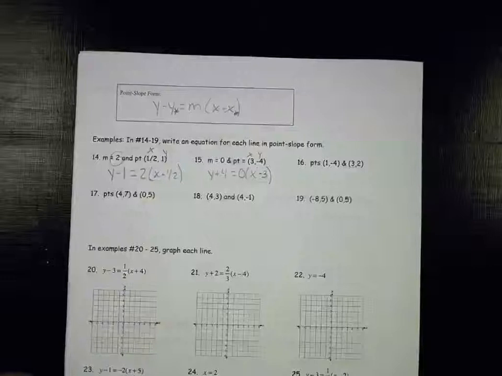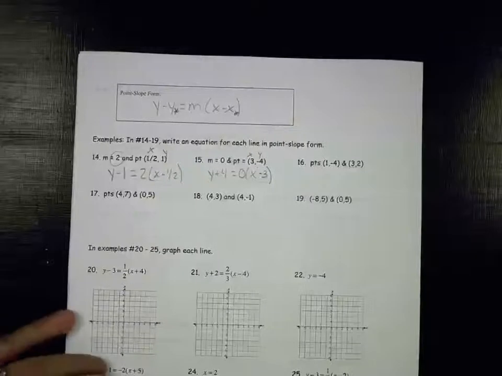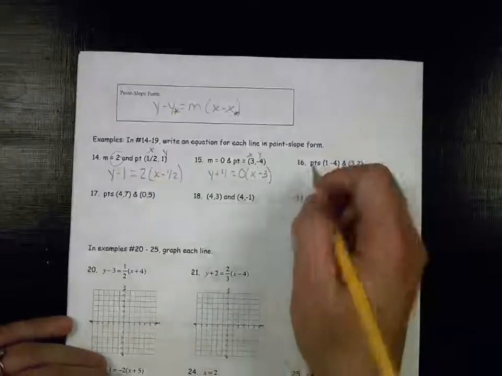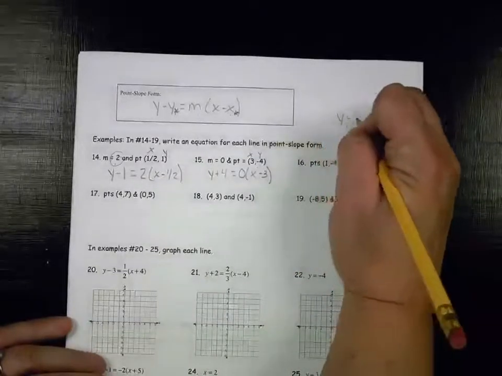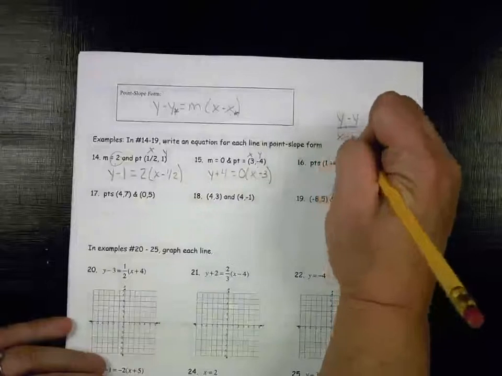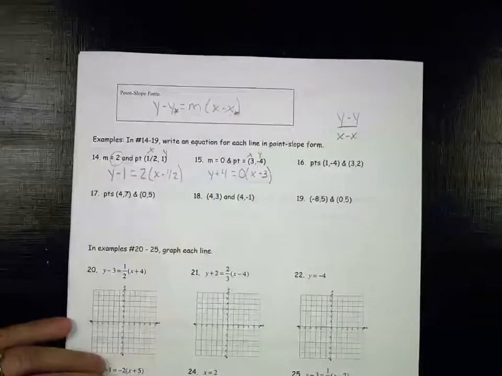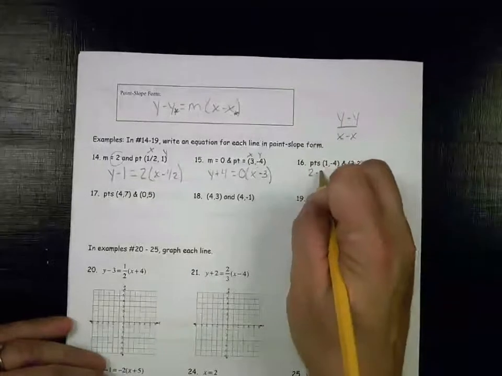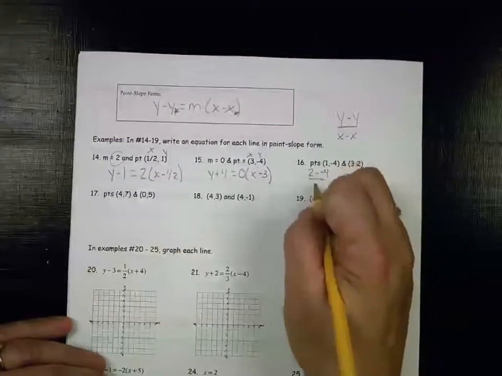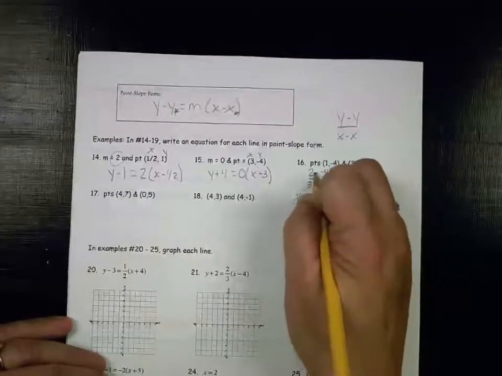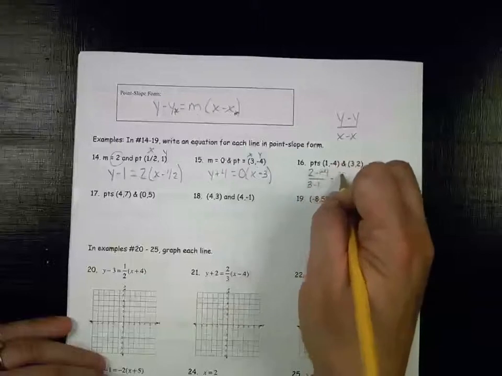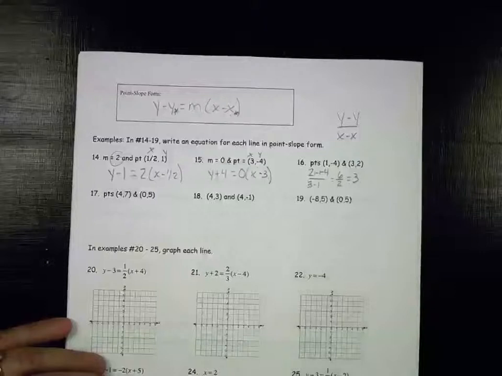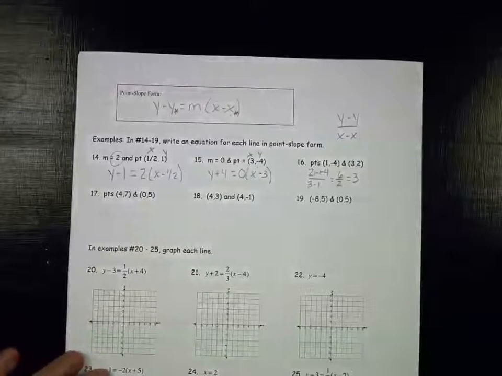Number 16 is a little tricky. Now we need to add a step. First we need to do our slope, and if you want to write a reminder, slope is y minus y over x minus x. So we will have 2 minus a negative 4 over 3 minus 1, which becomes 6 over 2, which is 3.